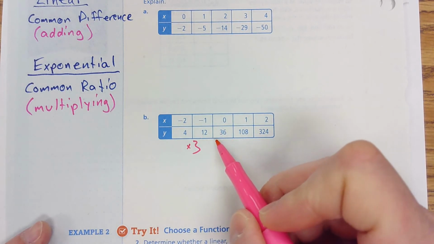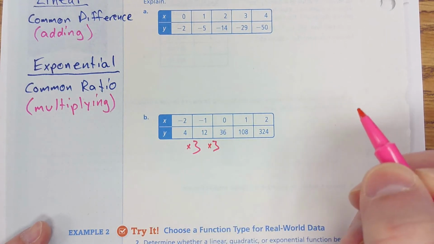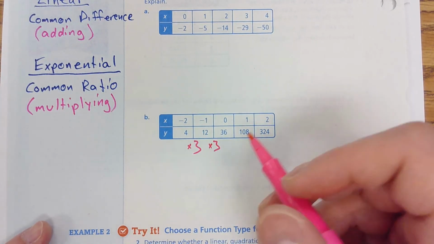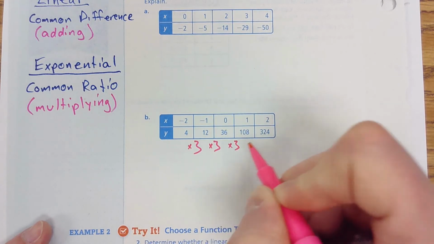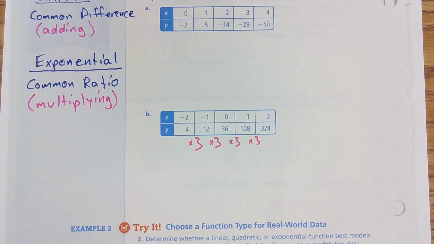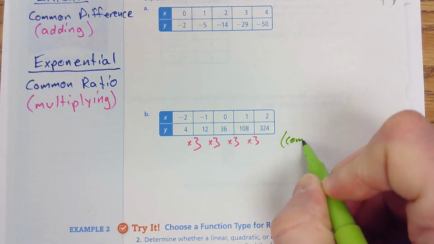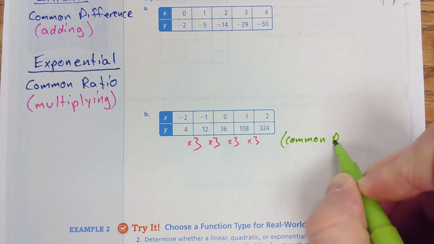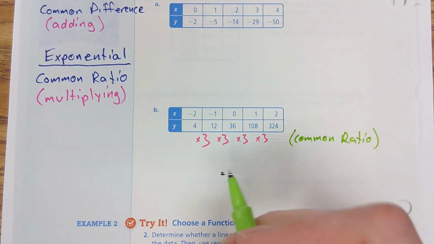And to get from 12 to 36, we would again be multiplying by 3. And you may need a calculator at this point, but 36 times 3 is 108, and 108 times 3 is 324. So this is our common ratio of 3. And that tells us that this table represents an exponential function.